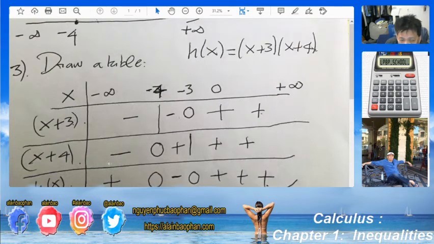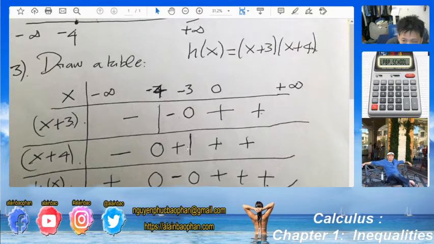Okay, so now we find the solution. So x belongs to the first set, minus infinity to minus 4. Remember this one, open bracket? That means it does not include this number. So infinity is always not included, so it's always open.